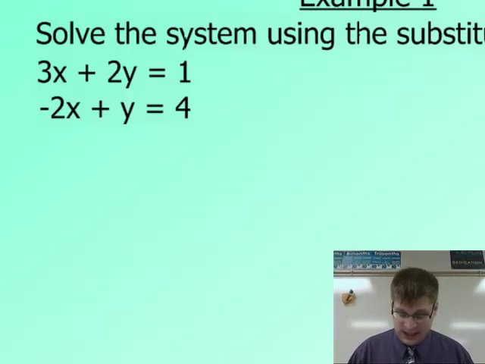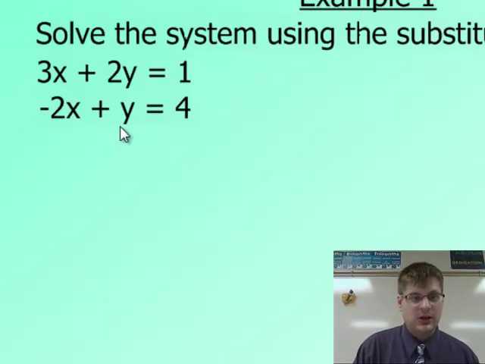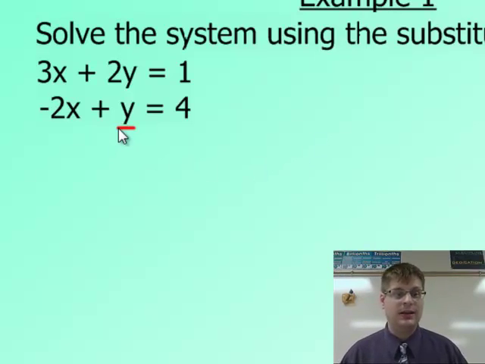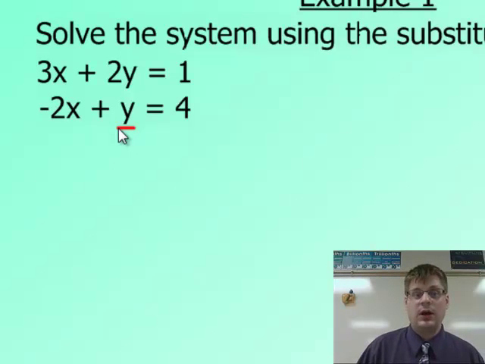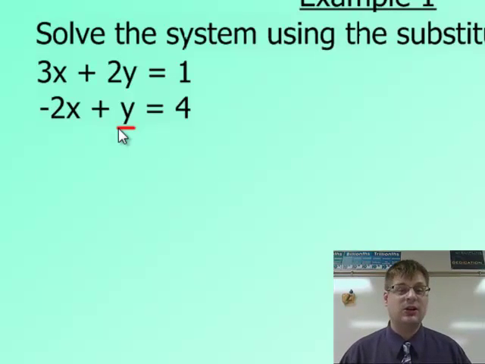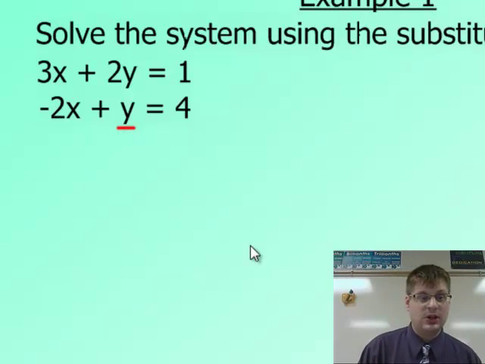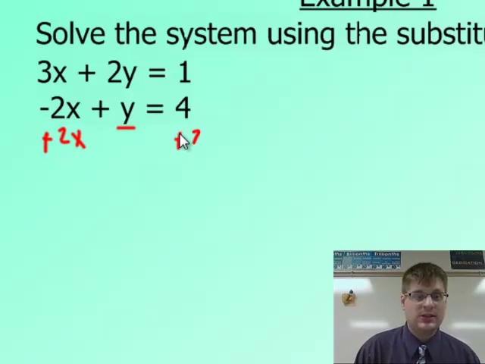If we look at the second equation, we see that we have y, which has a coefficient of 1. So I'm going to solve for the y in the second equation. It's going to be a lot easier to do that than any of the other equations. So I'm just going to add 2x to both sides.